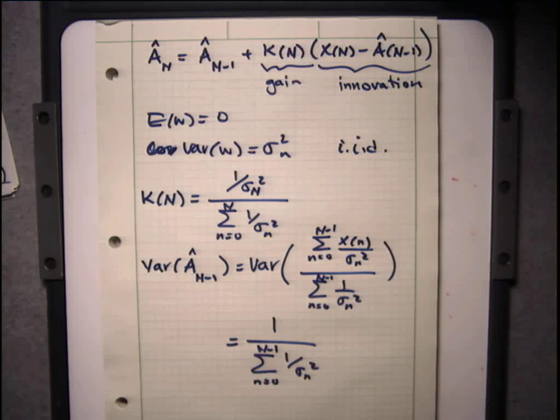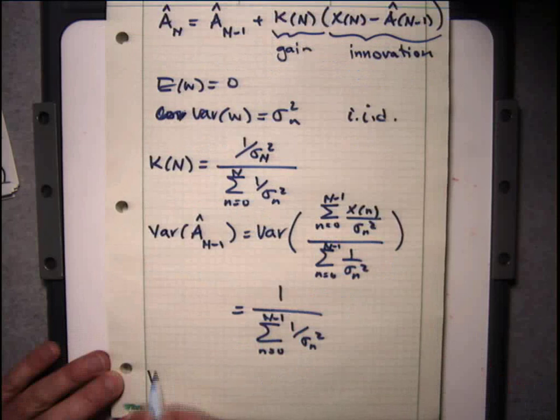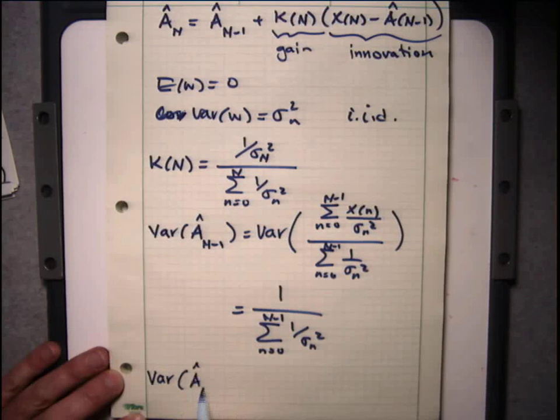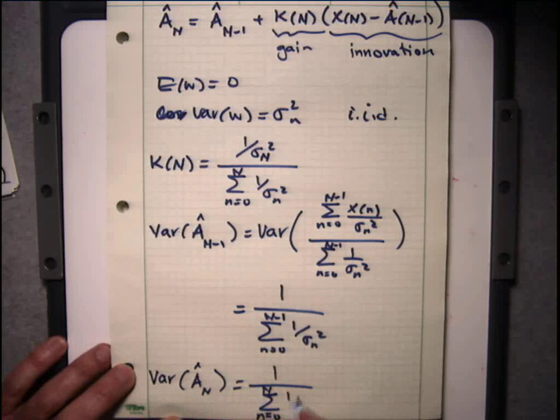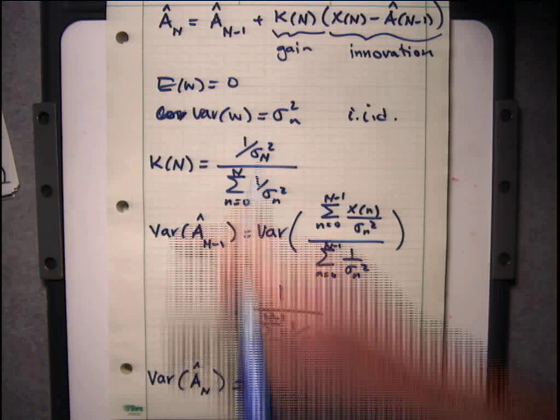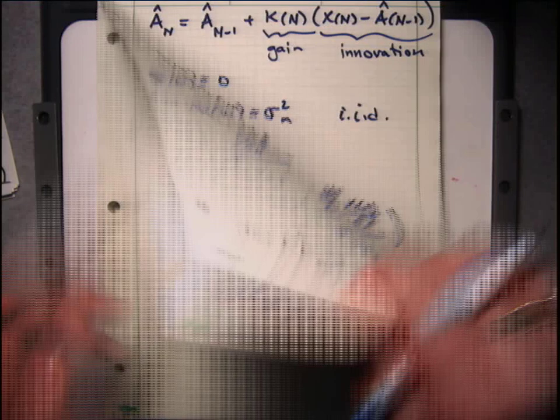So this would be the variance for this particular estimate at that iteration, and then we can go to the next one, and what we will see after n samples is exactly the same form, 1 over the sum, n equals 0 to n this time, of 1 over sigma n squared. Okay? So again, these two are related to each other in a way that one can algebraically express.